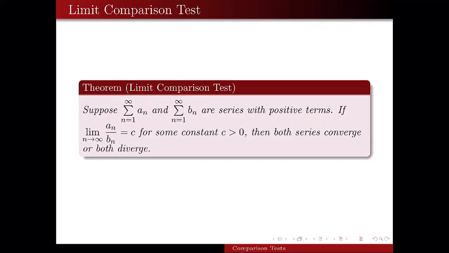If there's zero, just remove that and then renumber the terms. Now, if the limit of a_n over b_n equals a constant c for some positive constant c, then both series converge or both diverge.